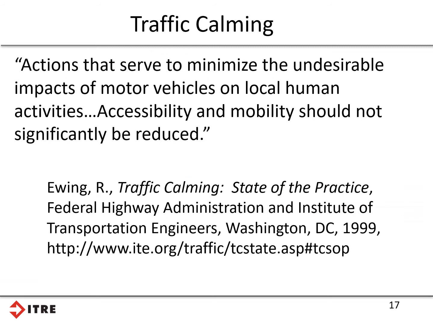When we think about local streets, this also has a name, and it's called traffic calming, when we think about trying to reduce or minimize those undesirable impacts while still maintaining accessibility and mobility through those neighborhood and local streets.